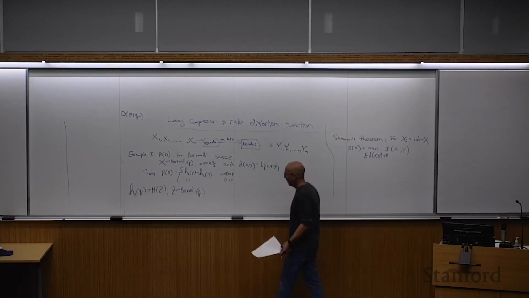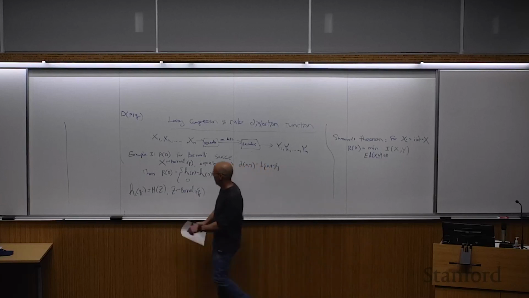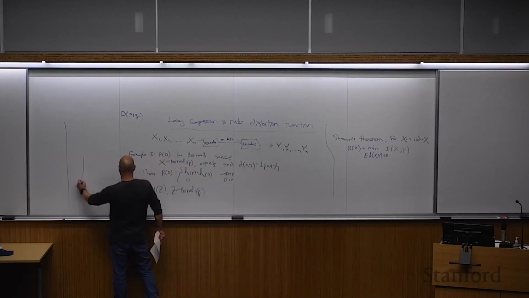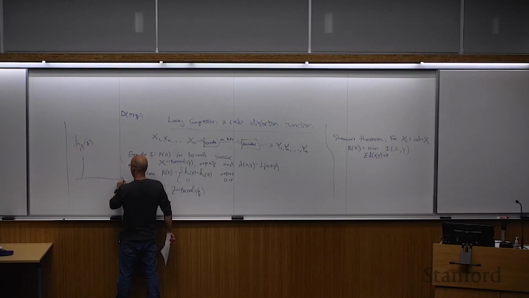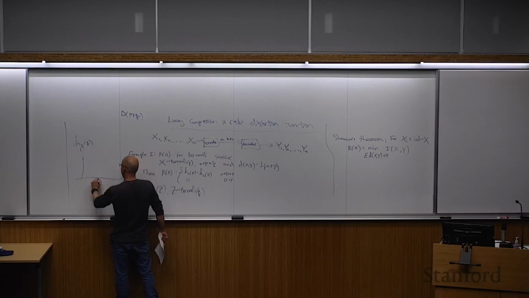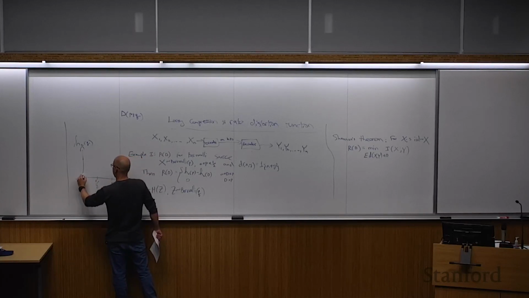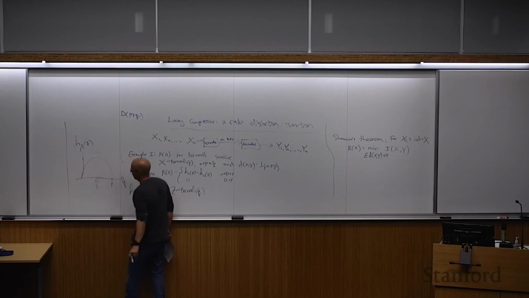If you need a quick reminder, the binary entropy function, H2 of, let's say, Q, what does it look like? It's symmetric around a half, and it does something like this.